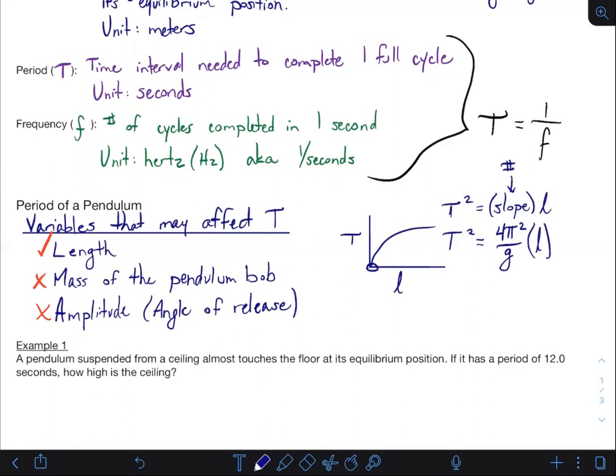And we more commonly like to write this not as T squared equals 4 pi squared over g times L, but instead we like to take the square root of everything and write it as period is equal to 2 pi times the square root of L over g.